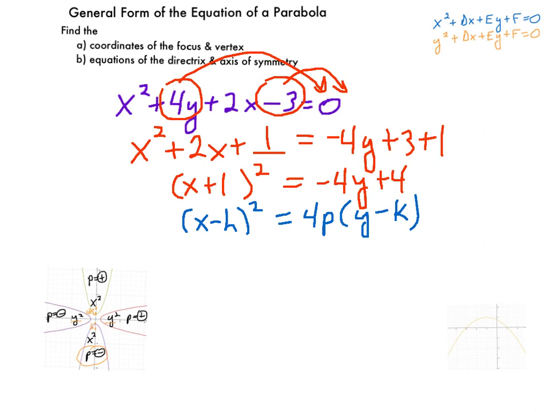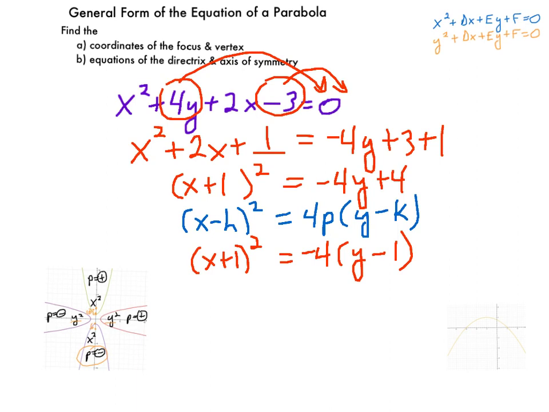So that gives us x plus 1 squared equals negative 4 times y minus 1. If you want to check yourself, distribute. Negative 4 times y gives you negative 4y, and negative 4 times negative 1 gives you positive 4.